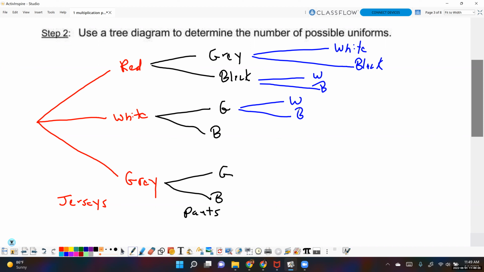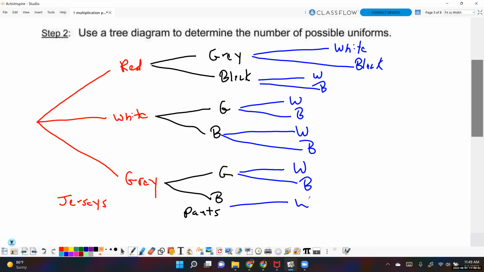Like the one I just drew, that would be like a white jersey with gray pants and black shoes. Like here, the one I'm about to draw would be a gray jersey and gray pants and white shoes, or a gray jersey and gray pants and black shoes. Okay.